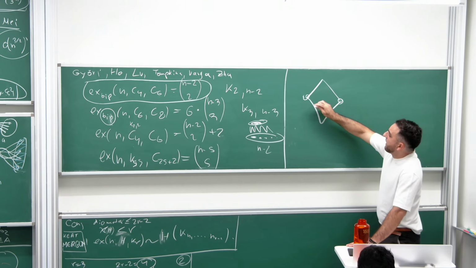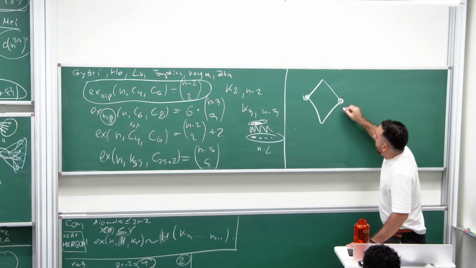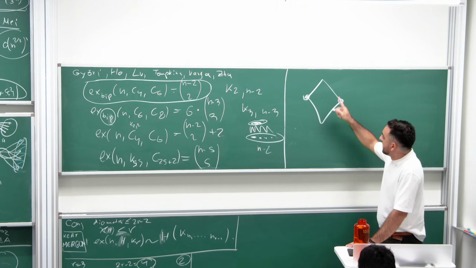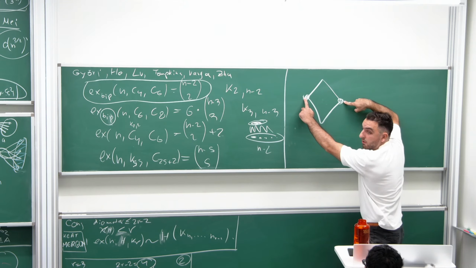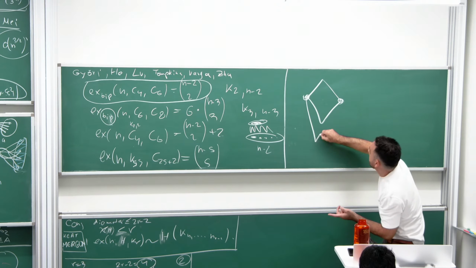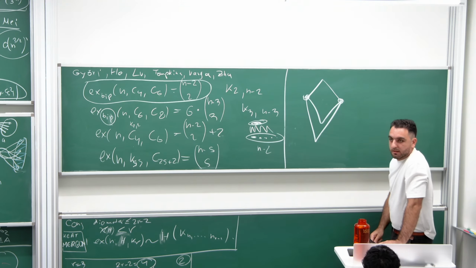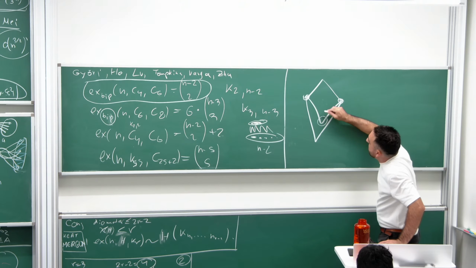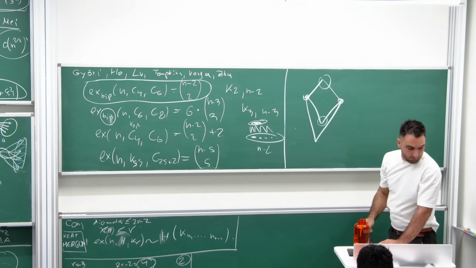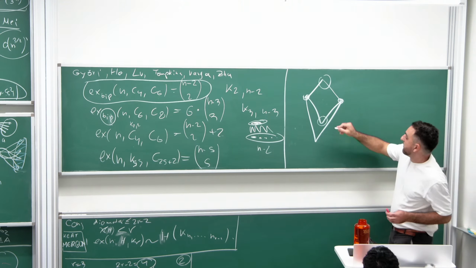Okay, I have a C4. Assume that I have a C4 on these two vertices. Maybe we have another C4 where these two vertices are opposite. This means that I must have another vertex like that. Do we have any other C4 on these two vertices? Maybe.